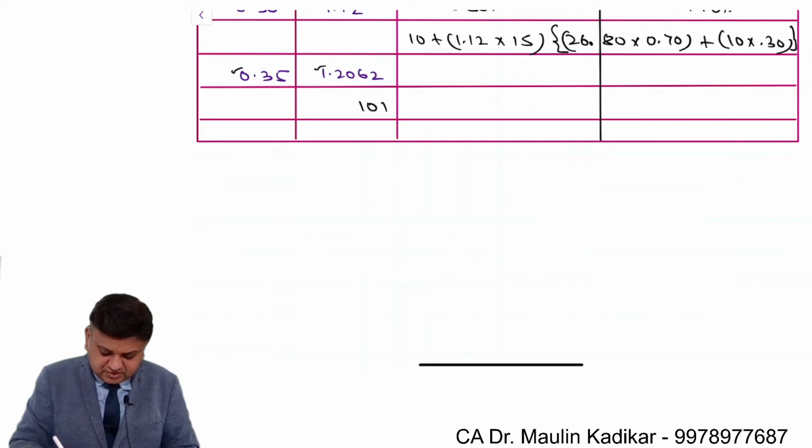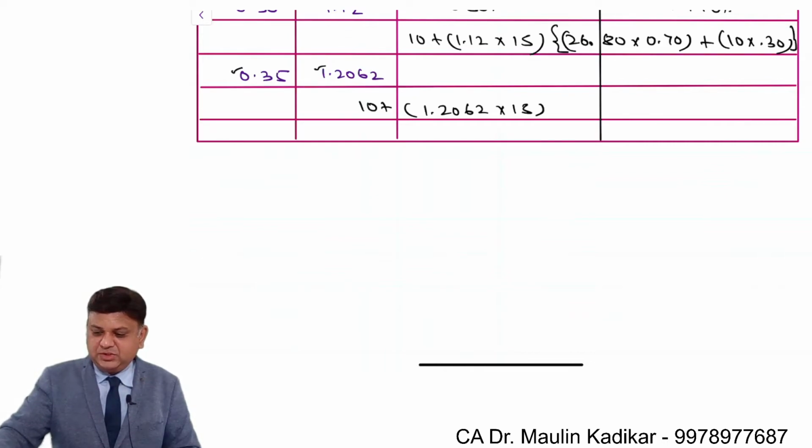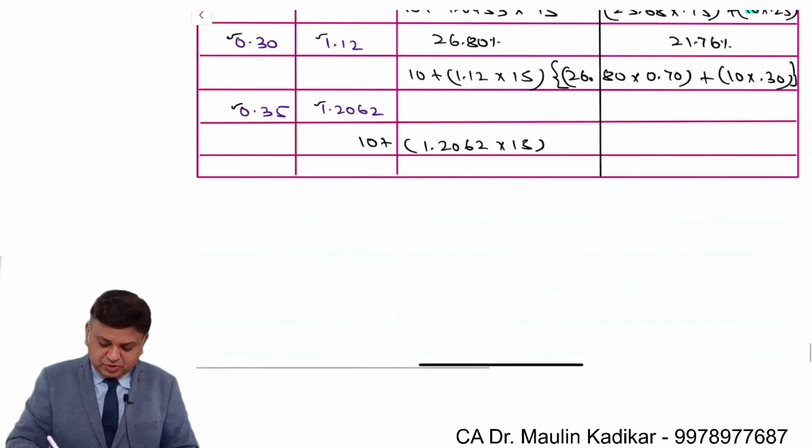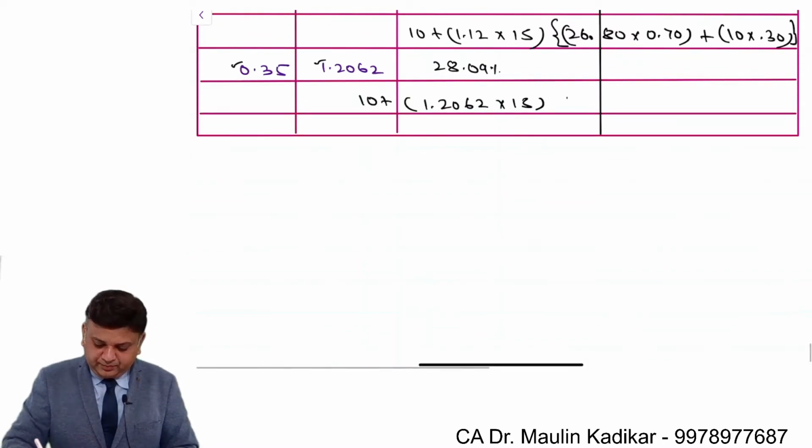Again, 10 plus 1.2062 into 15. That is 18.09 plus 10, so it is 28.09. 28.09 into 0.65 plus 10 into 0.35.